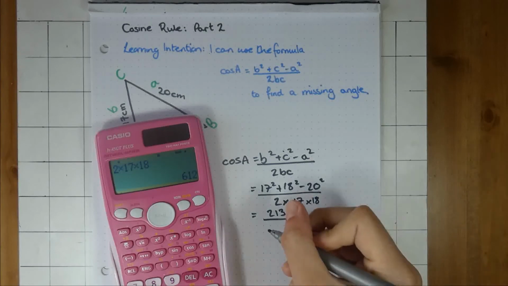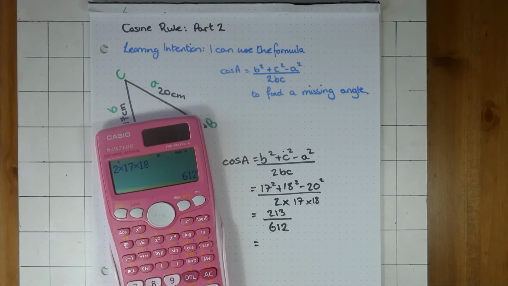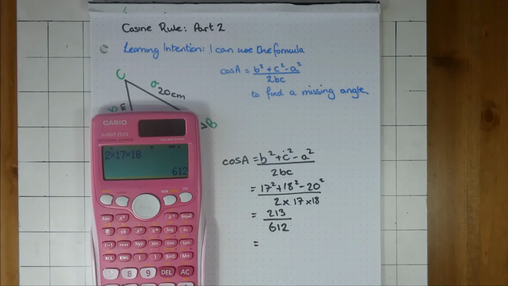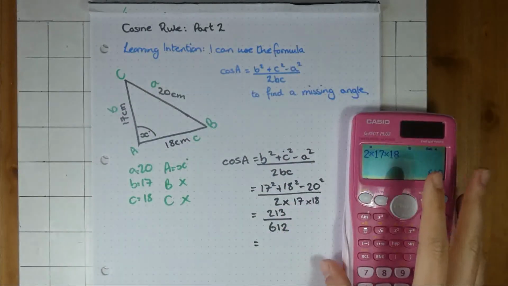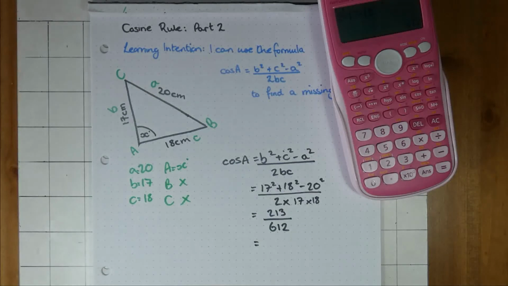So our denominator is going to be 612. You can leave it as a fraction, okay? You don't actually have to simplify it at this point because we've got to remember what we're looking for. We're looking for this angle x, which is in cos A.